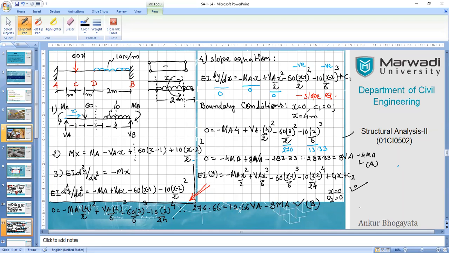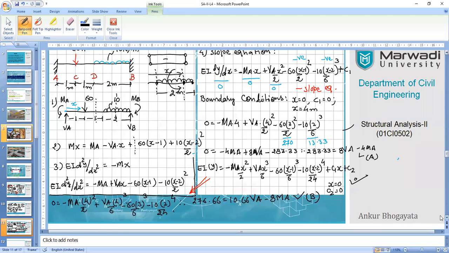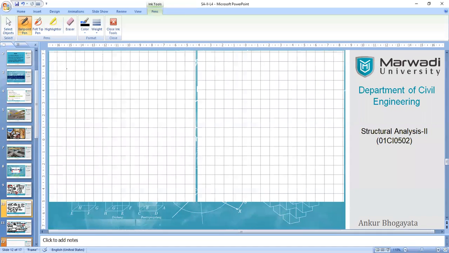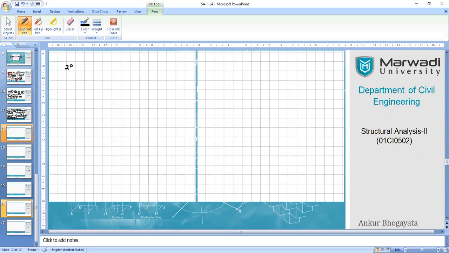So by using the parallel method of solution of the equations, now we are forced to go to the next slide. So I am writing both the equations A and B parallel to each other. First equation: 283.33 equals 8 times VA minus 4 MA.